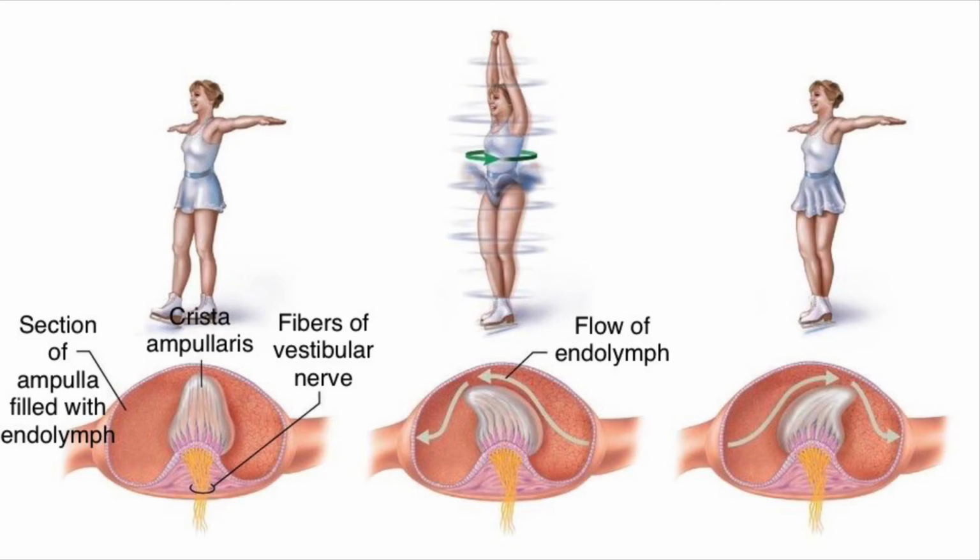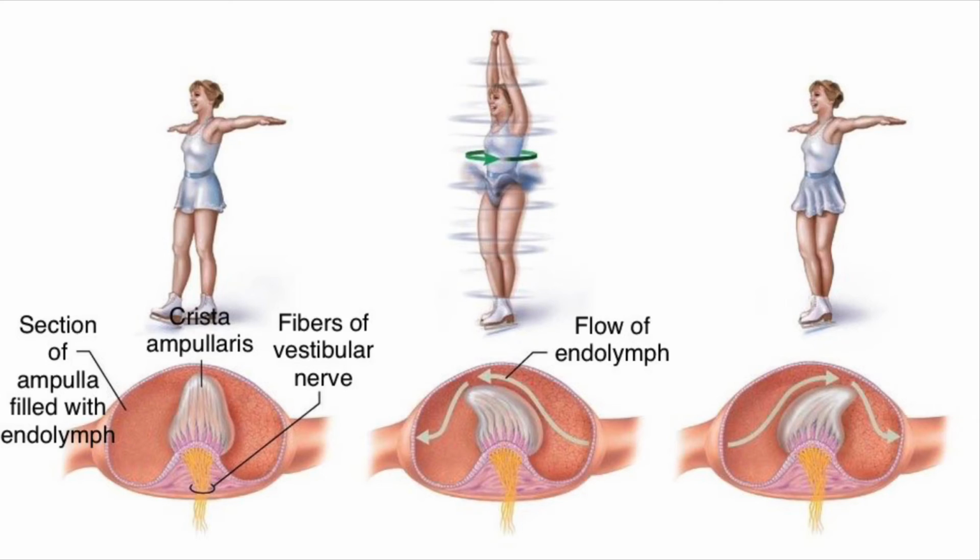And how this works is that when you turn your head really fast or you spin, you're going to create an angular acceleration. This rotational movement is going to create inertia that pushes the liquid inside the semicircular canals to shift from side to side depending on where you're rotating.